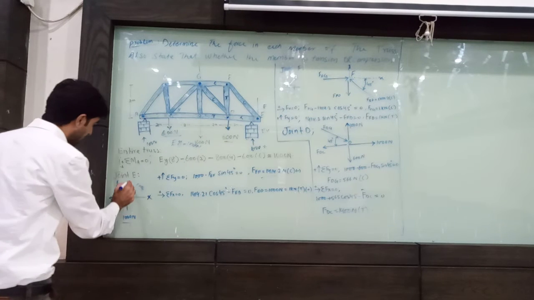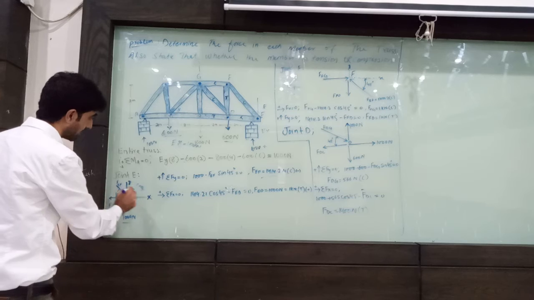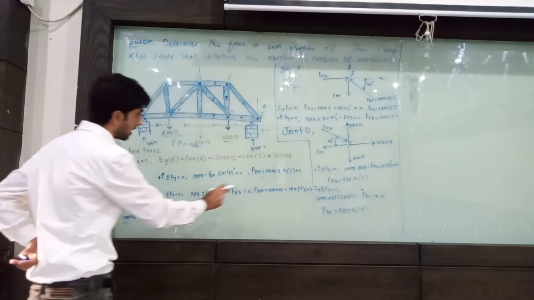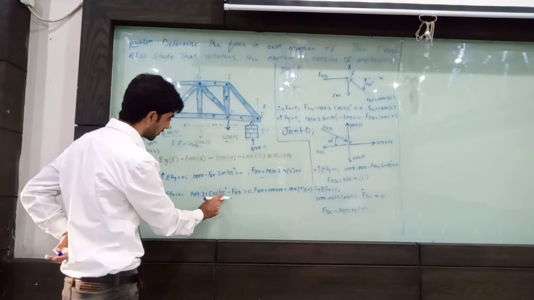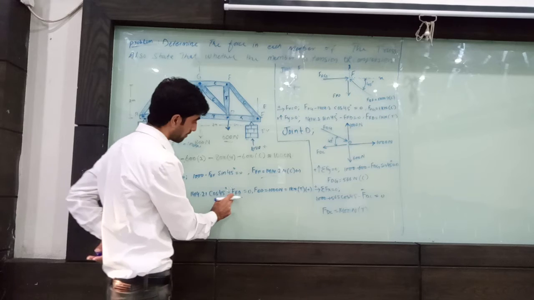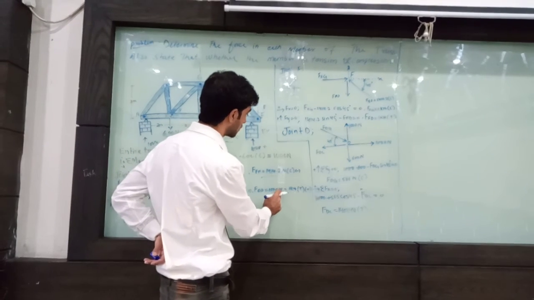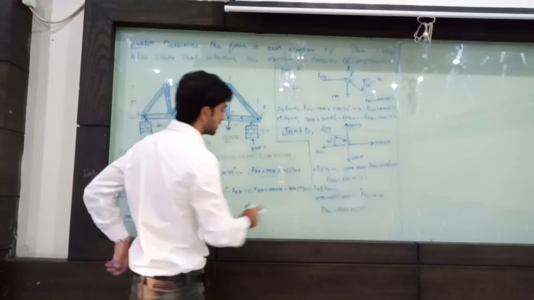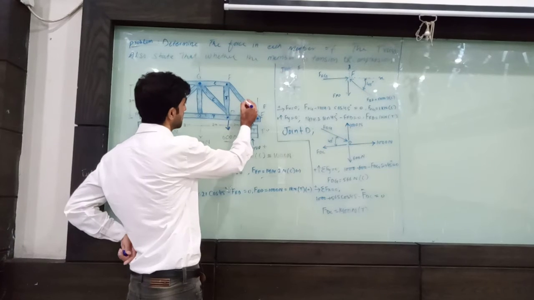Okay, so we can find the y-axis load concentration, summation of Fy. So we have already found FEF cos 45 because that is related to y-axis. So cos 45 minus FED is equal to 0. FED is equal to 1000 Newton, means that 1 kilonewton. So that is tension.